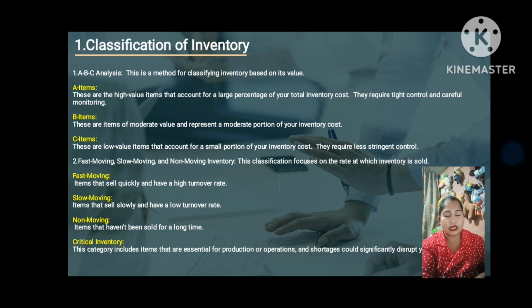So we proceed to fast moving, slow moving, and non-moving inventory. This classification focuses on the rate at which inventory is sold. Fast moving items sell quickly and have a higher turnover rate.